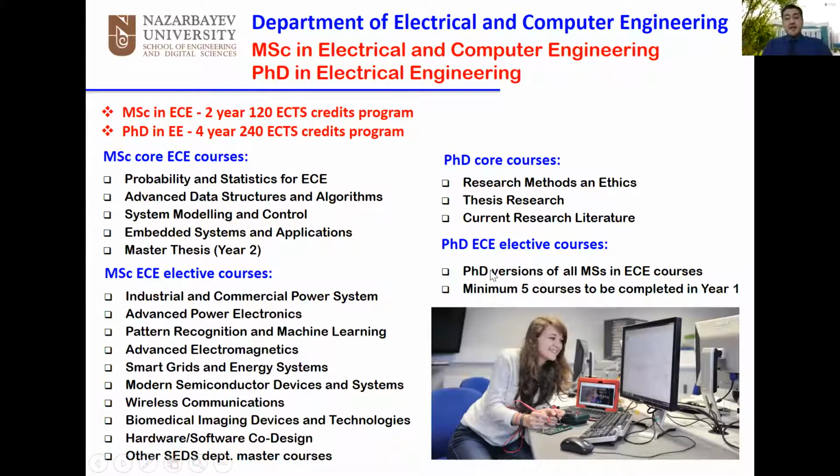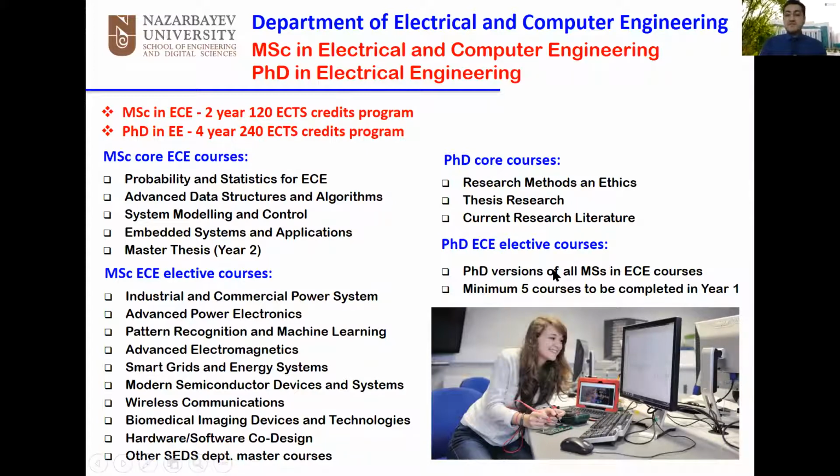For the PhD core courses, I have to tell you that we have research method and ethics, thesis research, and current research literature, which are fundamental core courses that each and every PhD student should take. In the meantime, as electives, PhD students can take the advanced version of our master courses, because when you become a PhD student, maybe sometimes you missed some specific courses previously in your previous university or in your previous program in the same university.